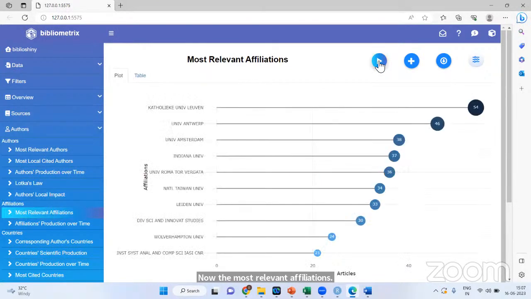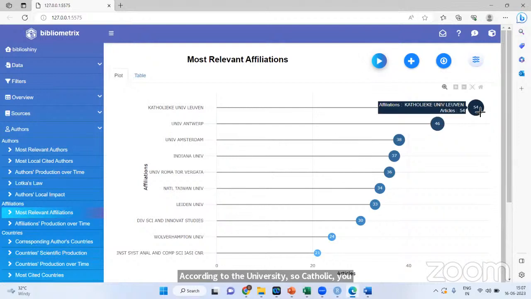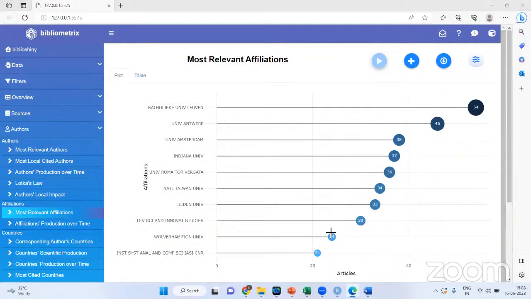These authors belong to which university? So we'll get the output according to the university. Catholic University, 54 articles are from this university. You got this output? Please say yes or no in the chat box.